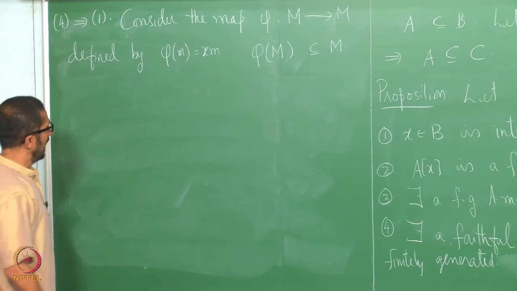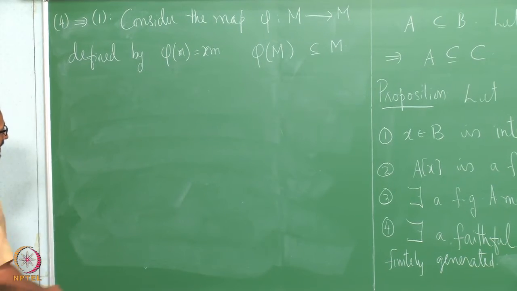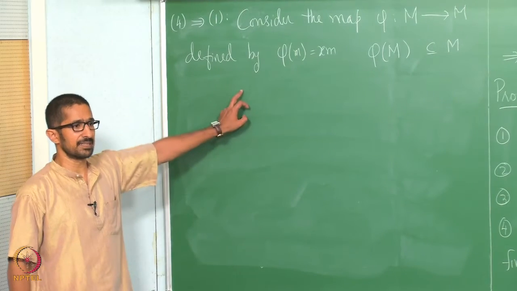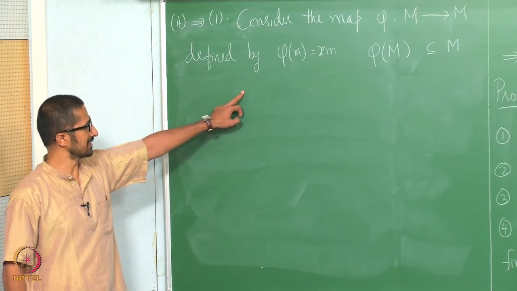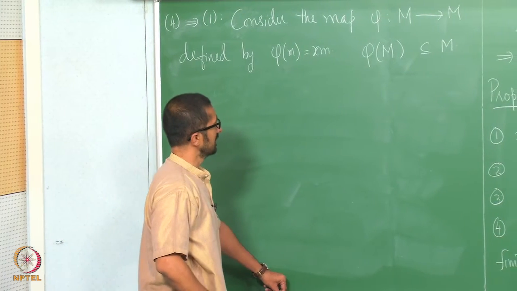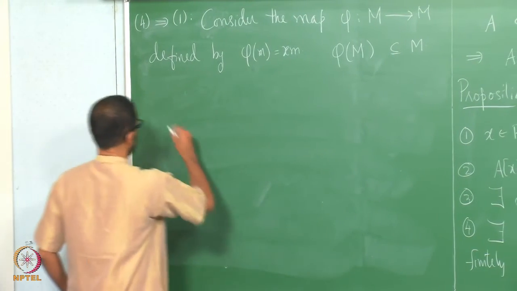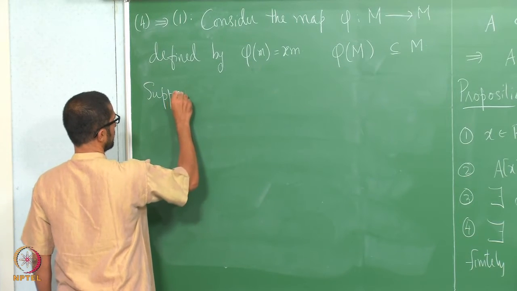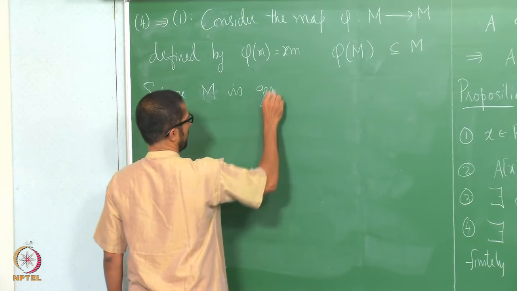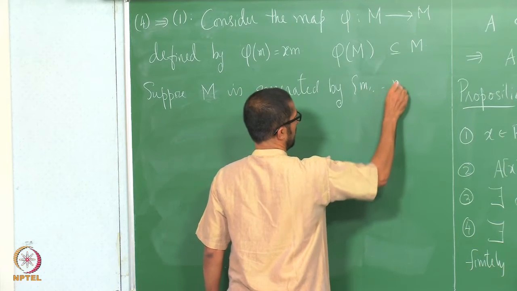Now, what I do is I just apply the Cayley-Hamilton theorem. Let me write it clearly. Suppose M is generated by m1 up to mn.